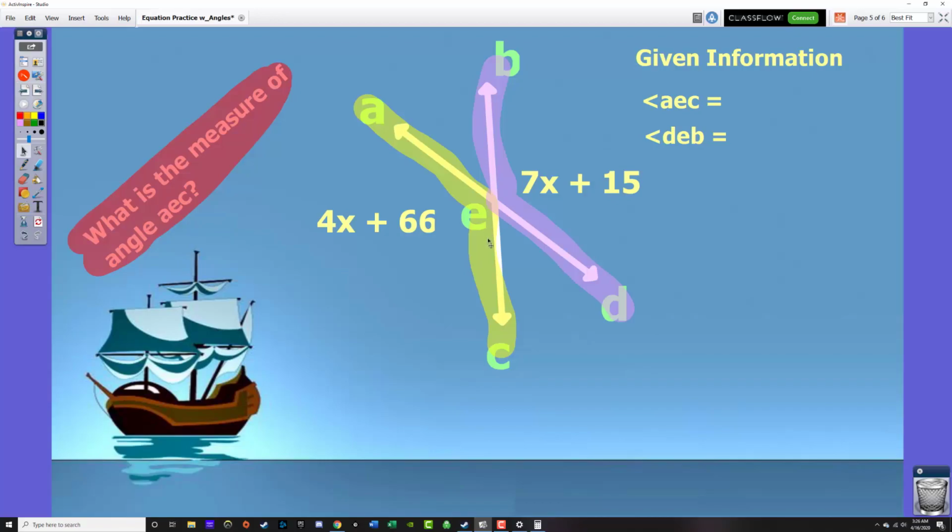So what do we know about these two angles right here? They share the angle relationship that we discussed in our last video. They are vertical. And what do we know about vertical angles?